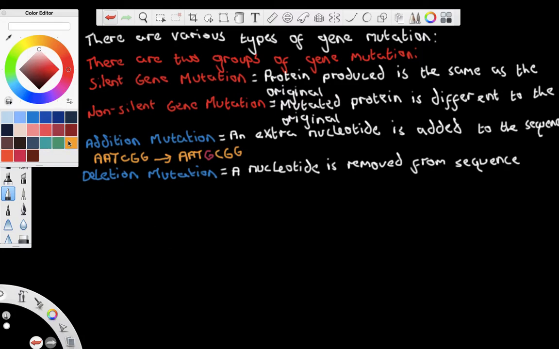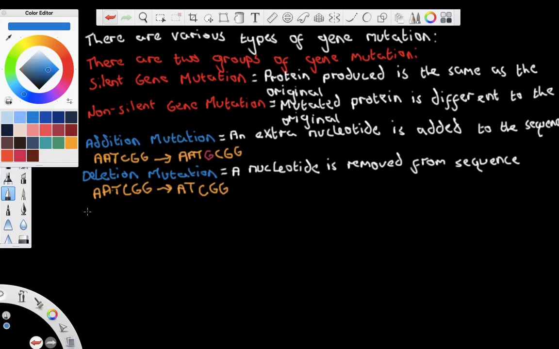So go back to our original. We've got A, T, C, G, G. What will happen is we'll lose one of these. So rather than having A, A, T, you would have A, T, C, G, G. An easy way to work that out is count the number of bases. There's one less. You've had a deletion.